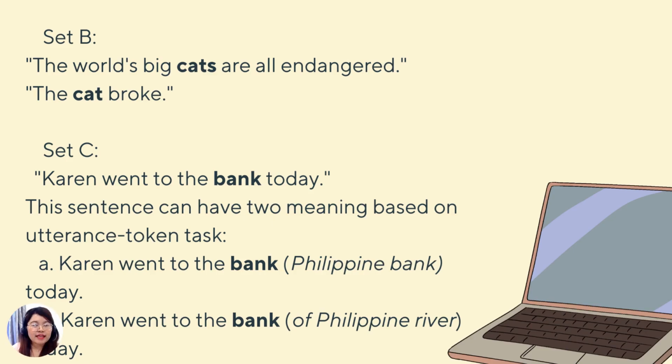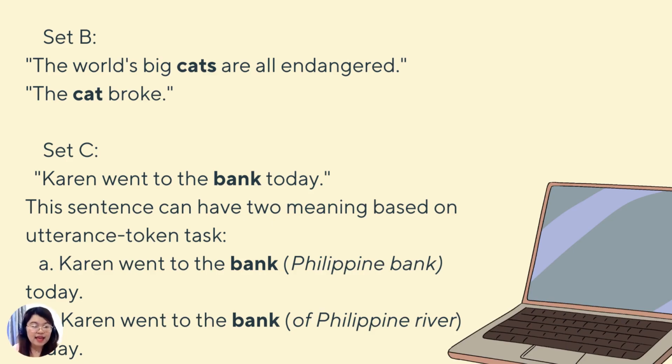In set C, this is totally different from the first two sets of examples. There is this one simple sentence: Karen went to the bank today. By just stating this sentence, it can have two meanings based on the utterance token task or the situated meaning task.